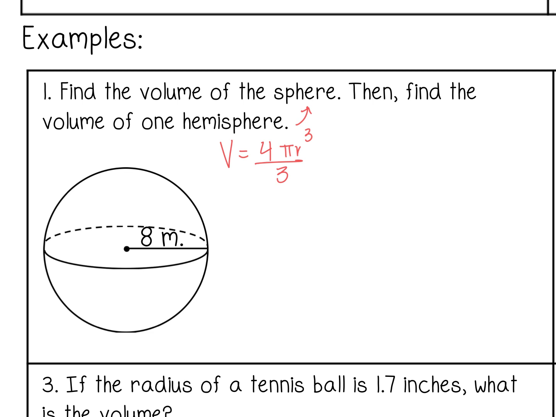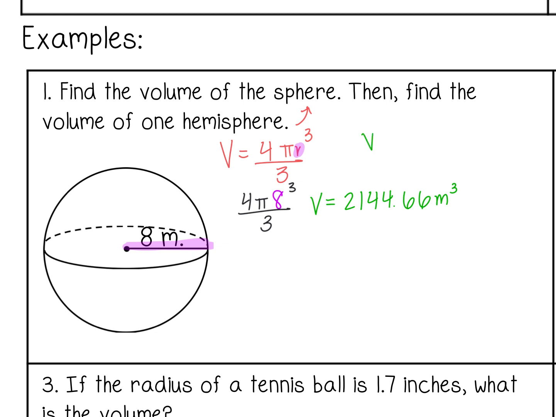Plugging in what I have, my radius is going to be 8. So right now I'm going to have 4 pi, my radius cubed, and we're going to be using that little arrow, divided by 3. If you use the arrow correctly, if you plugged it in correctly, you're going to have a large number, 2,144.66 meters cubed.